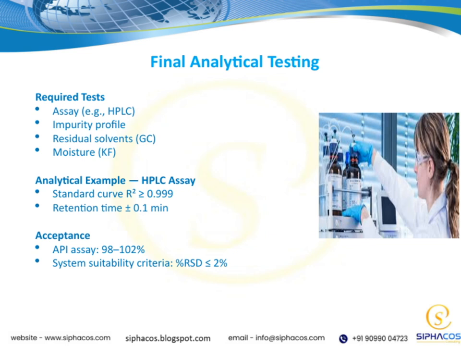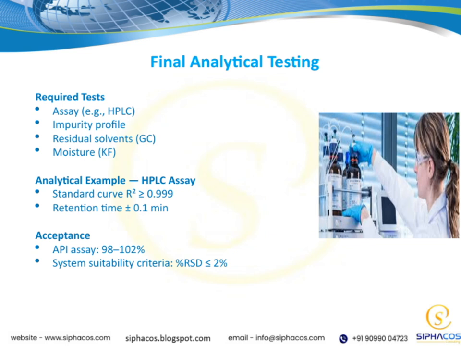When it comes to acceptance criteria, the API assay should fall within 98 to 102%, ensuring the potency is within an acceptable range. And for system suitability, we look at the percent RSD, or relative standard deviation, which must be 2% or less. This helps us verify that the system is performing consistently and accurately. Overall, these tests and criteria are essential to maintaining high-quality standards and ensuring that our product is safe and effective for use.